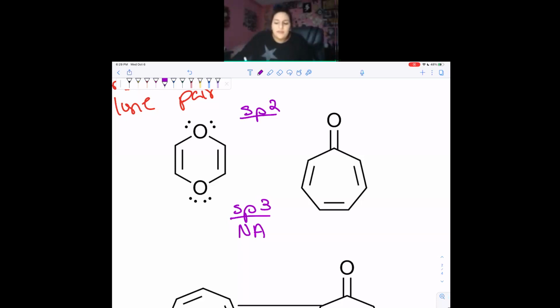And if it's sp2, how many electrons total can each oxygen possibly donate? So if it's sp2, how many electrons total can each oxygen donate?